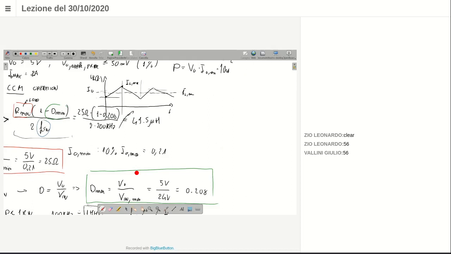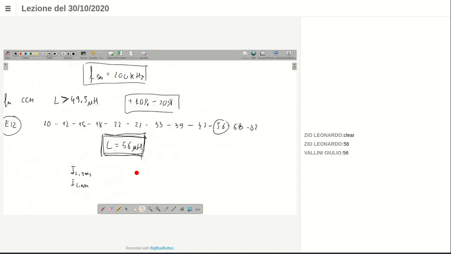For what concerns the IL RMS, since in a buck converter in CCM normally the ripple is quite low, we can assume that the RMS value for this kind of waveform, which basically has a dominant DC component and a relatively low ripple, we can safely estimate that IL RMS is equal to the maximum output current.